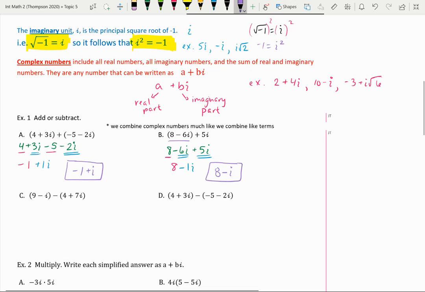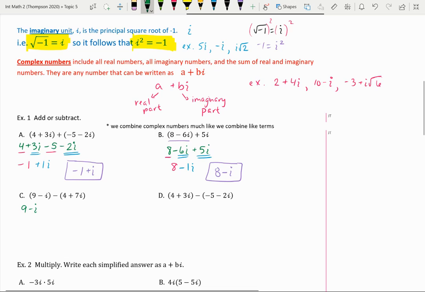Now C and D have subtraction signs in between the parentheses, so just like I would if these were different polynomial expressions, I'm going to need to distribute that negative through. So let's go through this. For C, I'm going to write down the first number without any parentheses, 9 minus i.